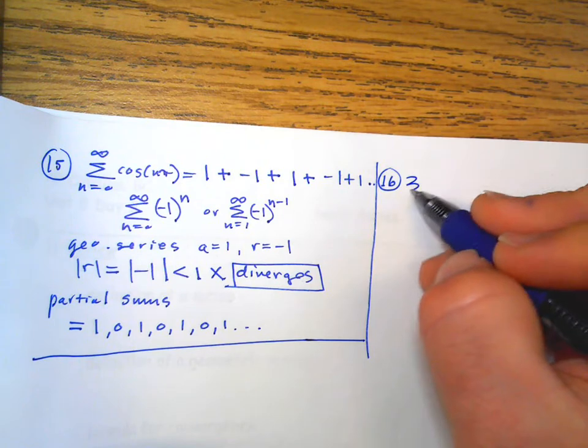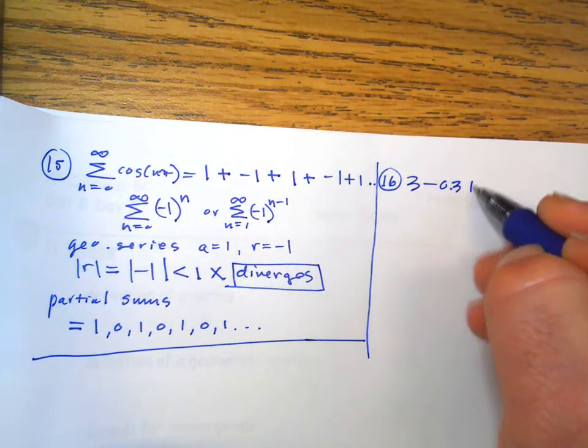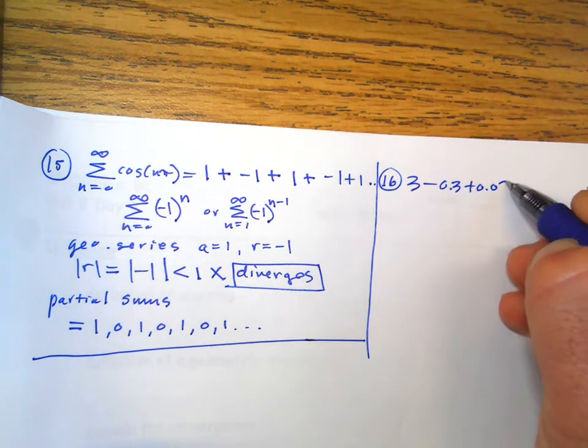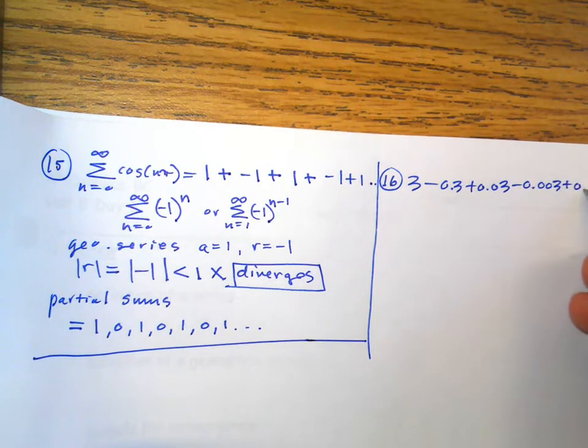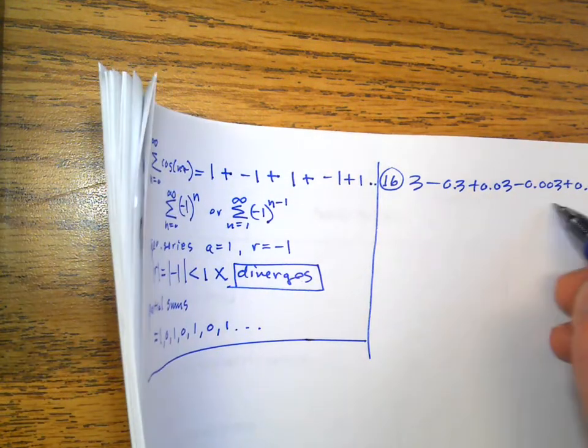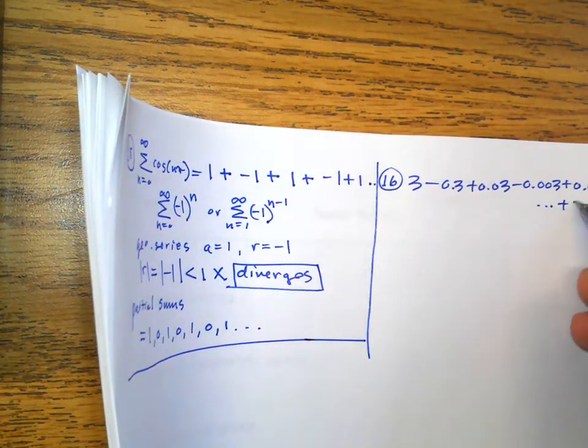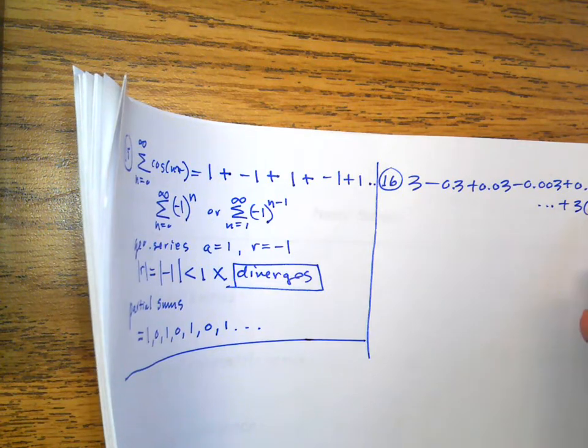16. 3 minus 0.3 plus 0.03 minus 0.003 plus 0.0003 plus and so on, and they give you the general term, I think, 3 times negative 0.1 to the nth power.